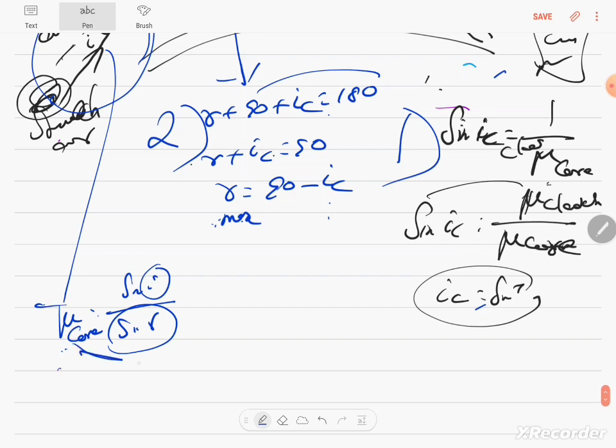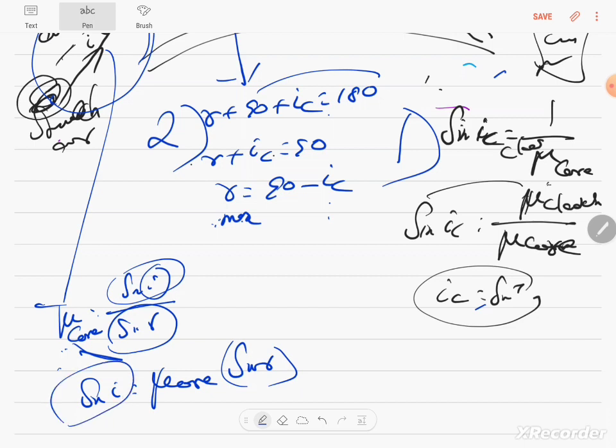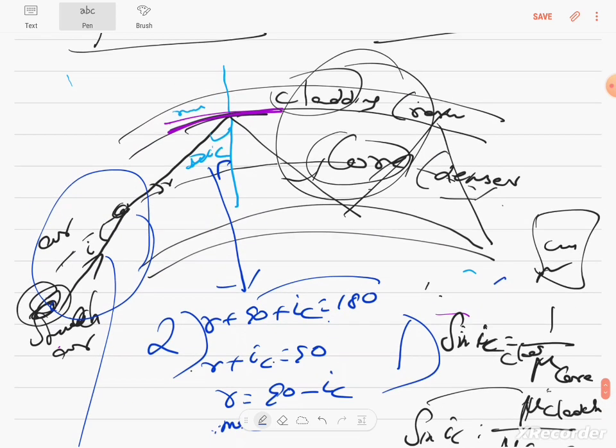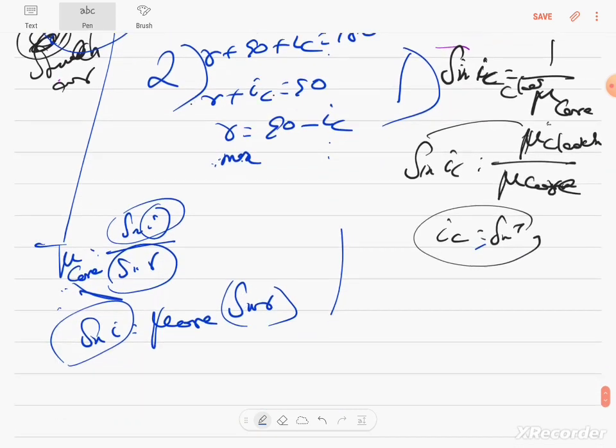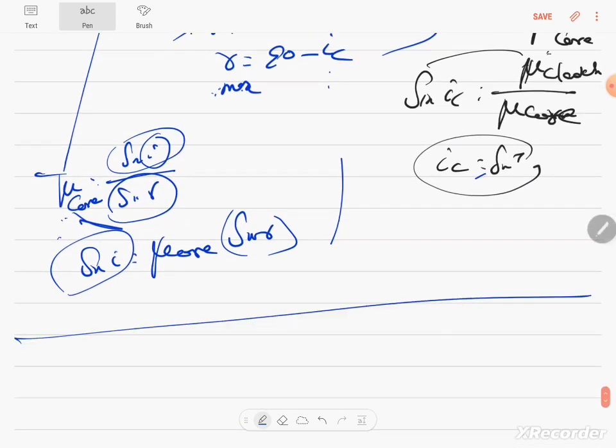You can cross multiply. If you want to find sin I, sin I is therefore mu of core into sin R. In three stages you can find the angle at which the doctor should focus on my ulcer, so that it will get totally internally reflected. There are three stages in this, and you should understand all three derivations. So let me go to the next topic.